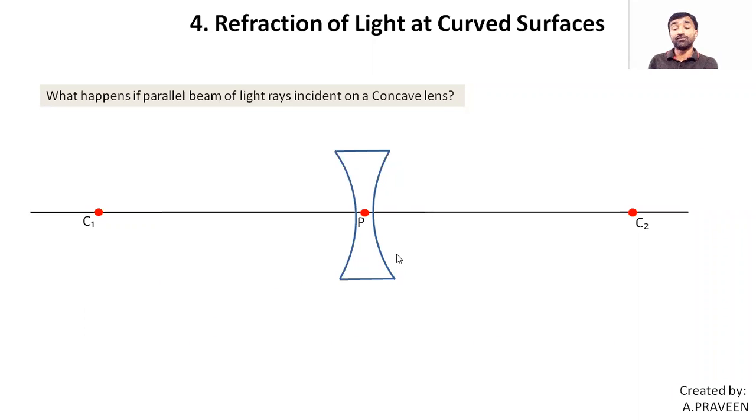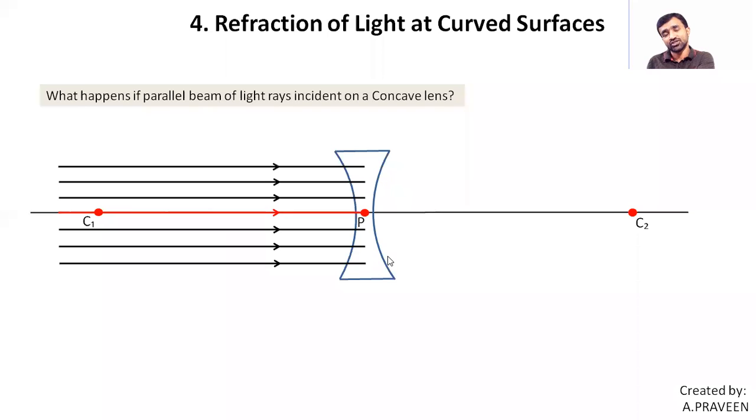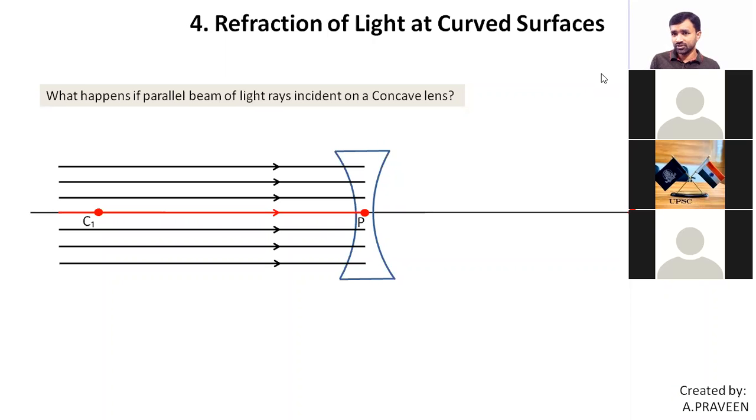Right. So now, a parallel beam of light rays, parallel to the principal axis, is incident on a concave surface. Right? Where can you expect the refraction? On the first surface or on the second surface? Reply me. First surface or second surface?